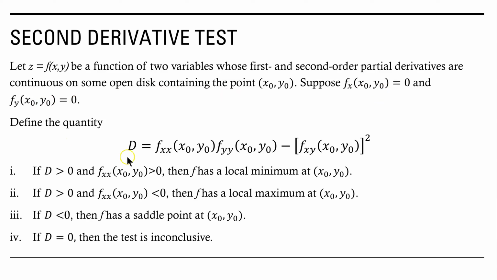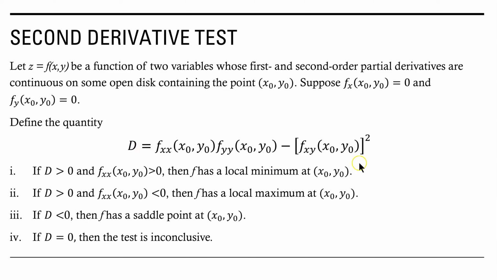Next, we define this quantity, this D quantity. It's actually a determinant of a matrix called a Hessian matrix that contains the second partial derivatives of the function. We're not going to approach that this way. We're just going to use this formula, but it is called a D most likely because it is a determinant of a matrix.